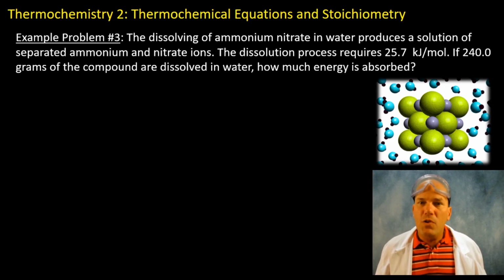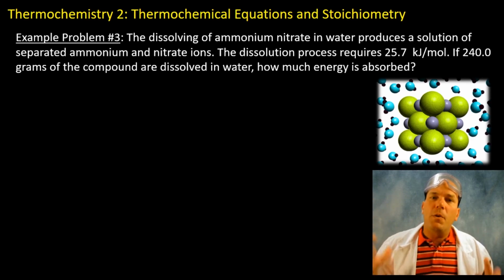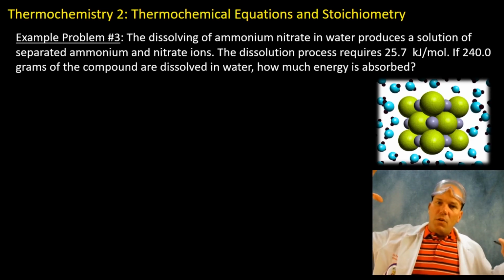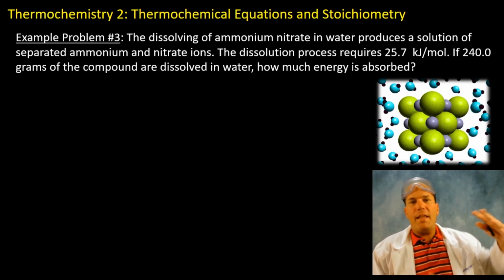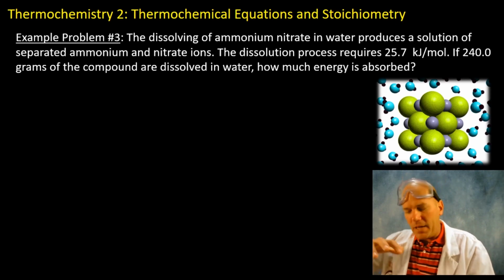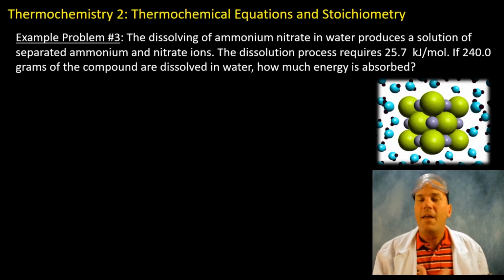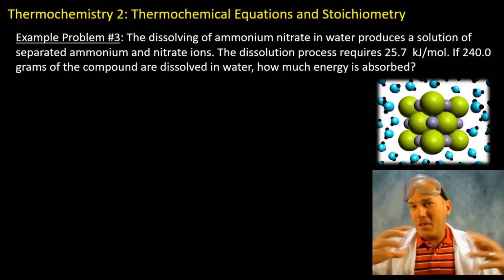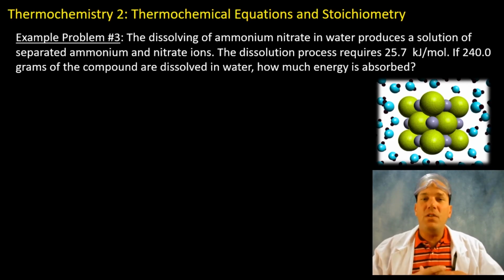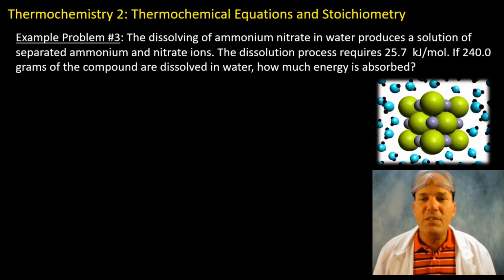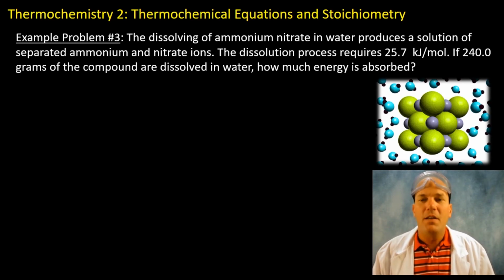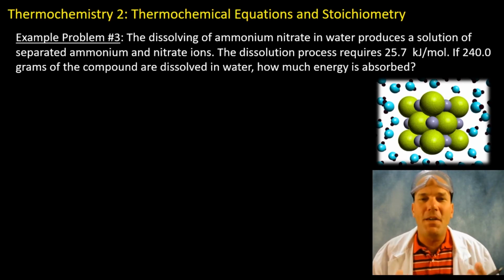And then we have new bonds forming between the water molecules and the cation and the anion. We have intermolecular forces now that are occurring, and as a result of this overall dissolution process, energy is being absorbed.